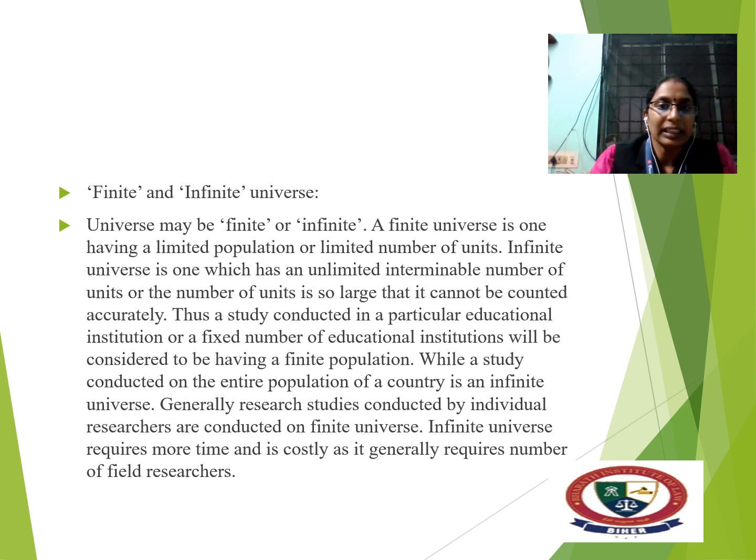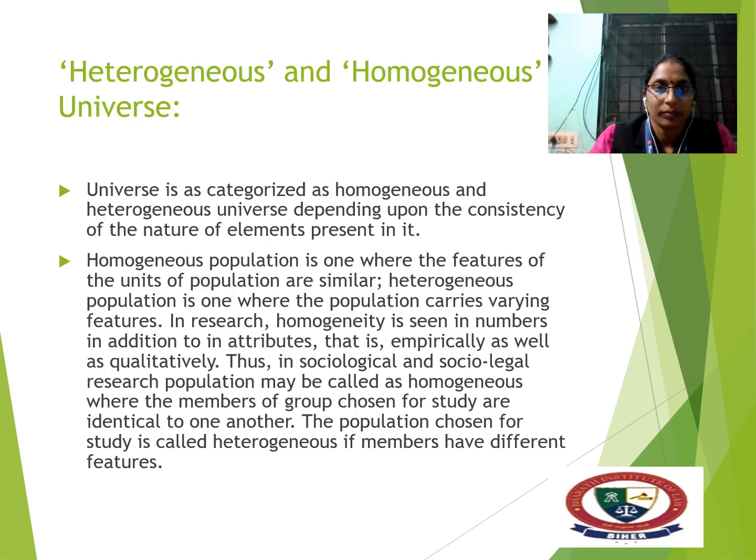Thus, a study conducted in a particular educational institution or a fixed number of educational institutions will be considered to have a finite population, while a study conducted on the entire population of a country is an infinite universe. Generally, research studies conducted by individual researchers are conducted on a finite universe. An infinite universe requires more time and is costly, as it generally requires a large number of field researchers.